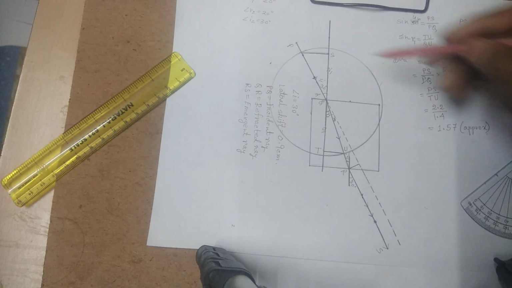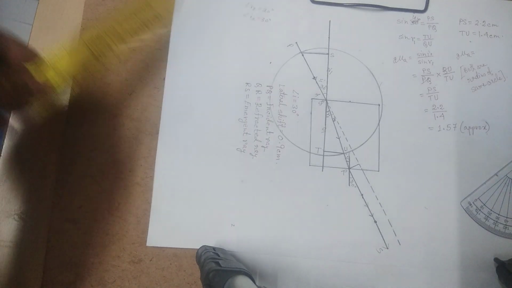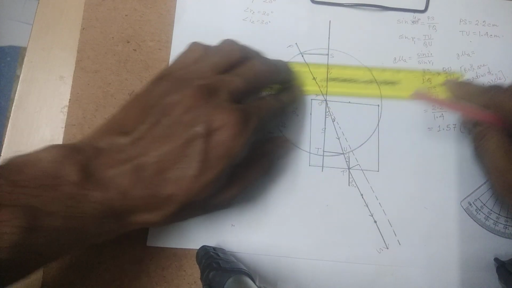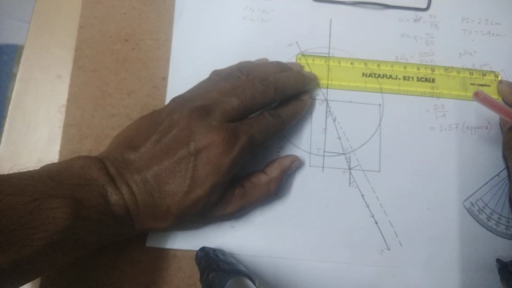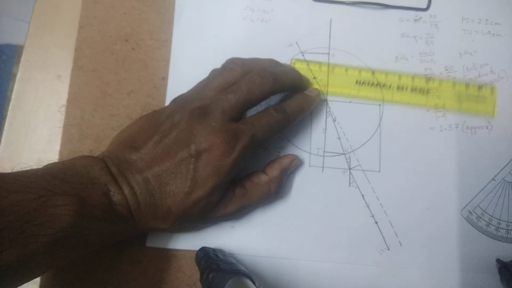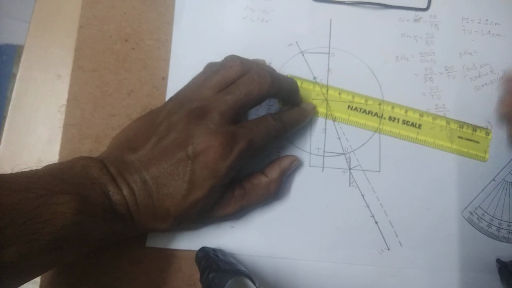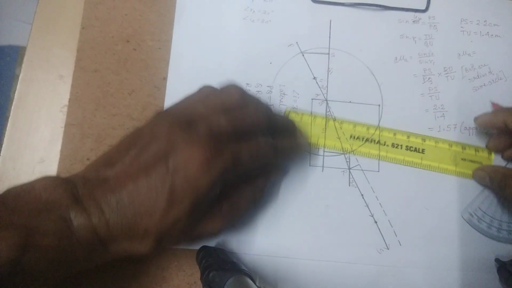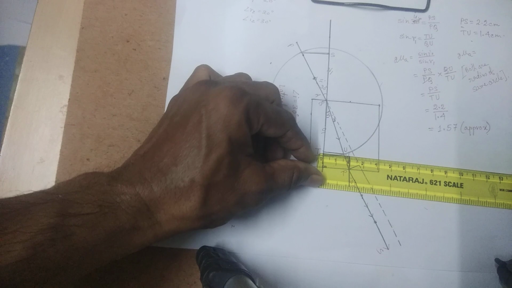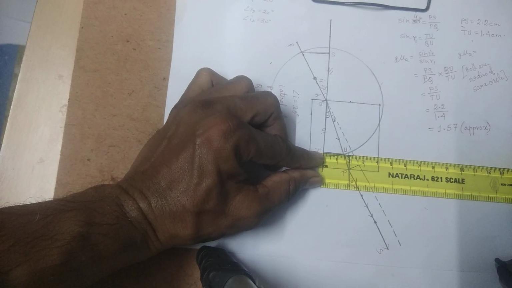PS by TU. Now we will measure the value of PS. Let us find the value of PS is exactly 2.2 centimeter. Here we have written PS is equal to 2.2 centimeter. Let us find the value of TU. Here is TU. Let us measure the value of TU, it is 1.4.